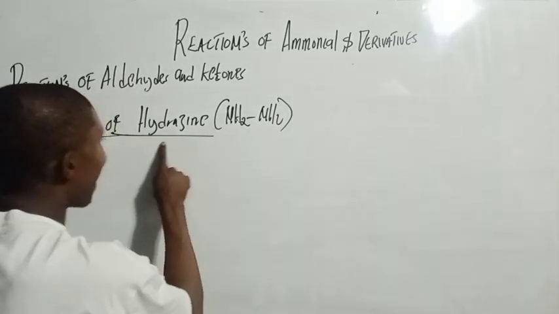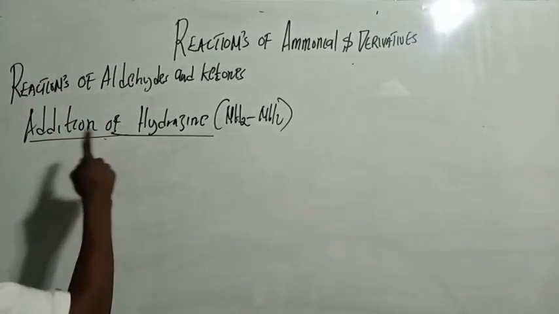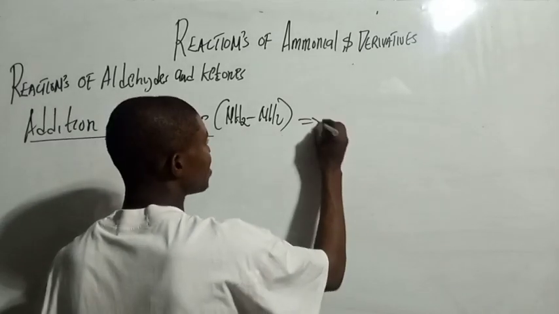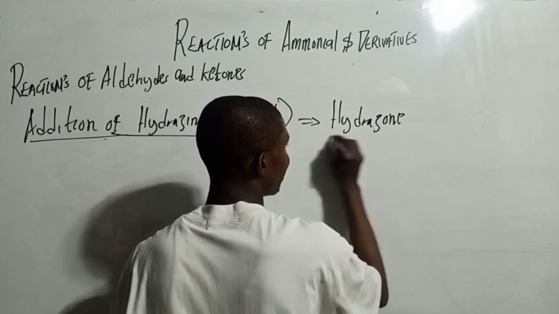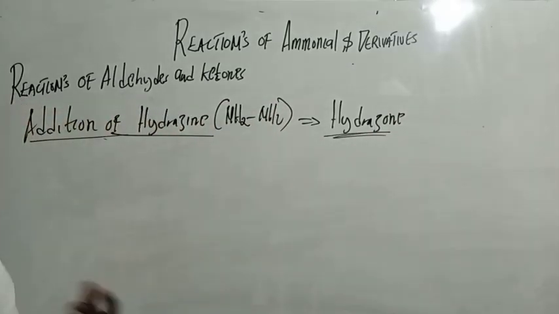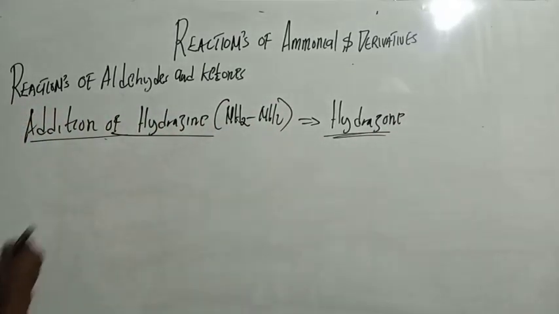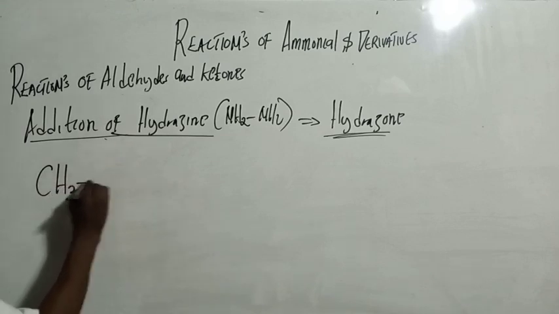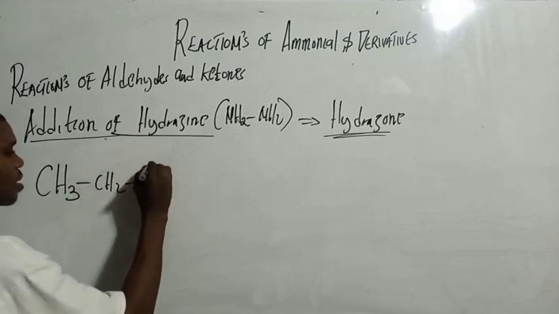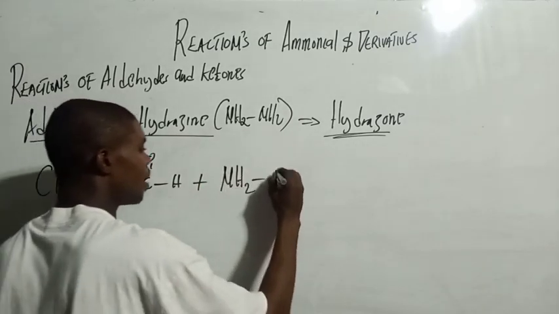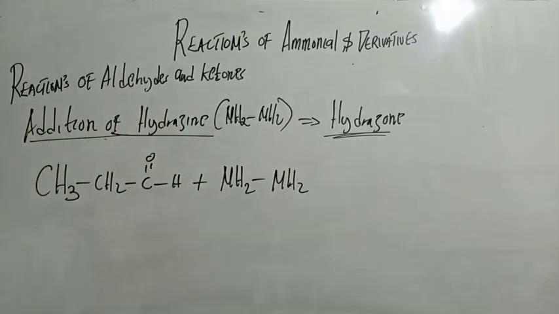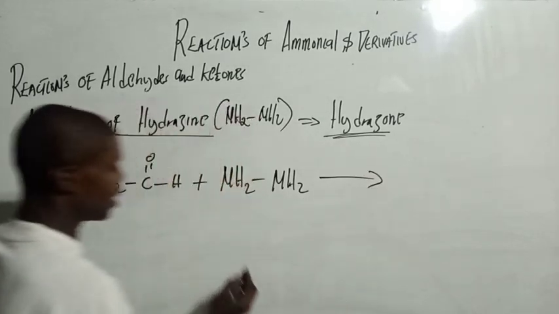Now, when hydrazine undergoes reaction with aldehyde and ketone, we're going to form hydrazone. Please pay close attention here. Follow the same pattern. So CH3, CH2, C, here we have some here, plus NH2, NH2. Do you see that? So what will be the product of the reaction here?